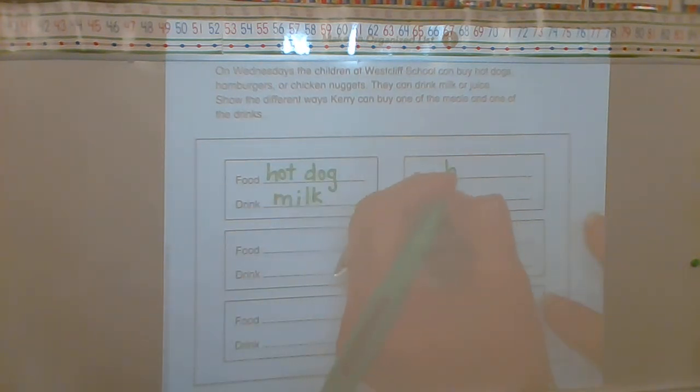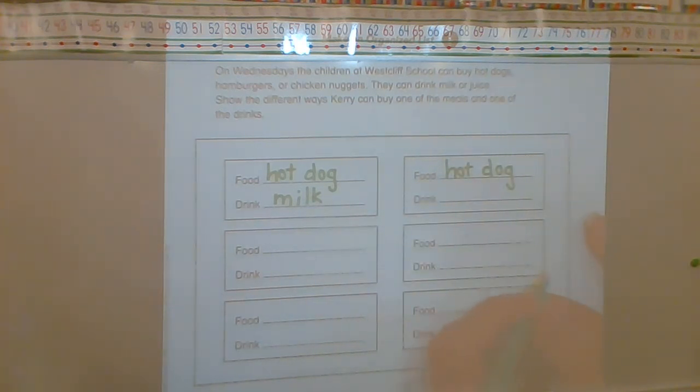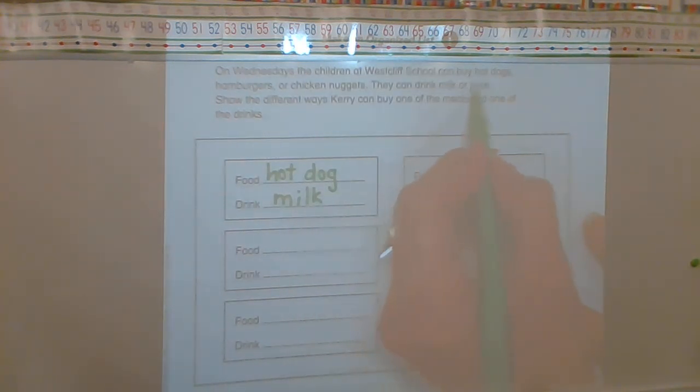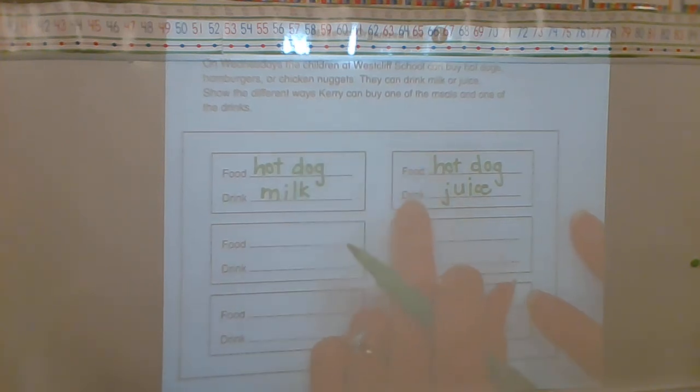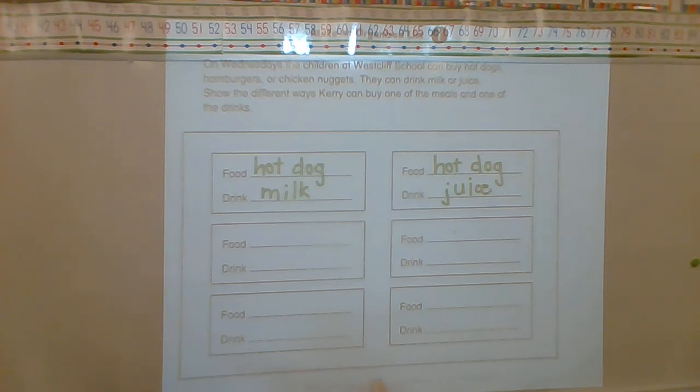Maybe you get the hot dog again, but we know there's a different drink. What else could Carrie get? Juice. That's right. So he could get a hot dog with milk or a hot dog with juice. Can he do anything else with the hot dog? No, those are the two drink choices. So he's all out of choices.